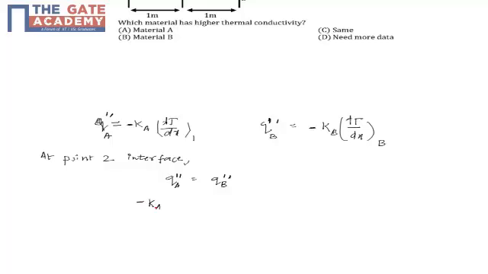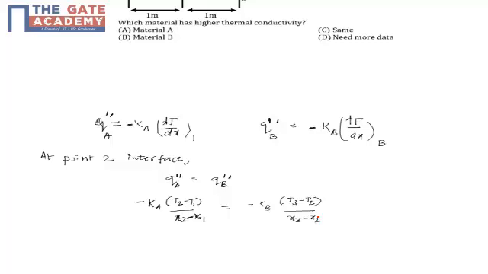So minus Ka dT by dx is basically, if you recall the figure, T2 minus T1 by H2 minus X1. So this is the slope, and Qb is minus Kb, T3 minus T2 by H3 minus H2.